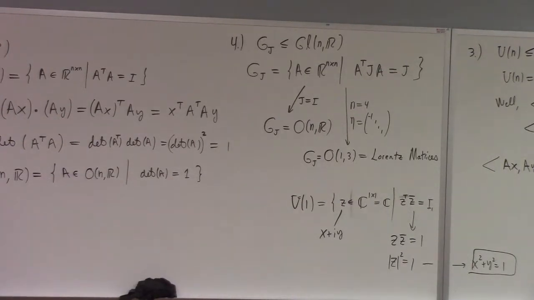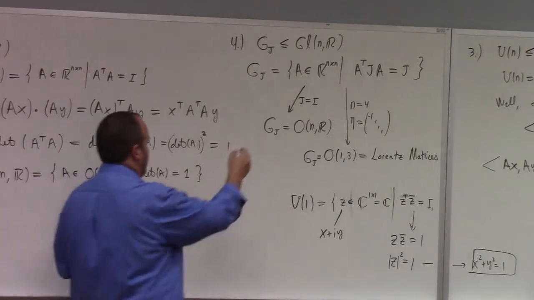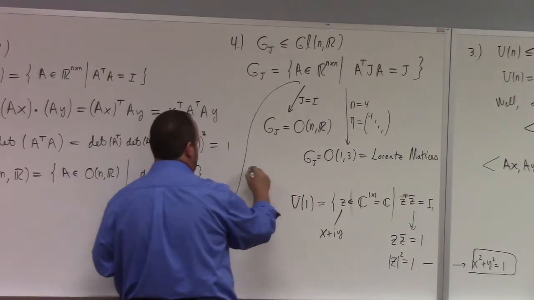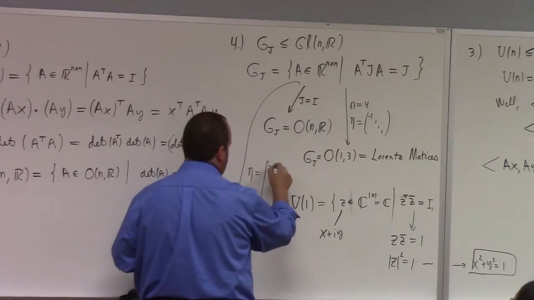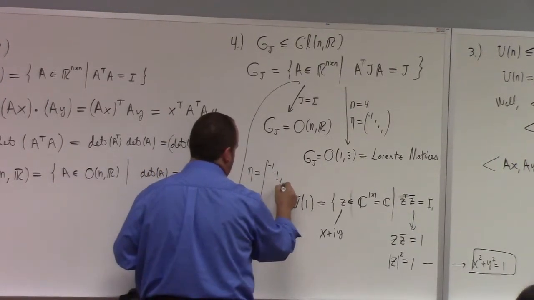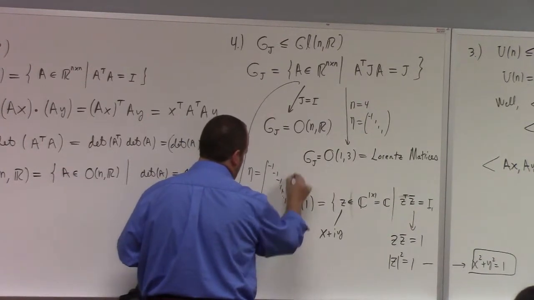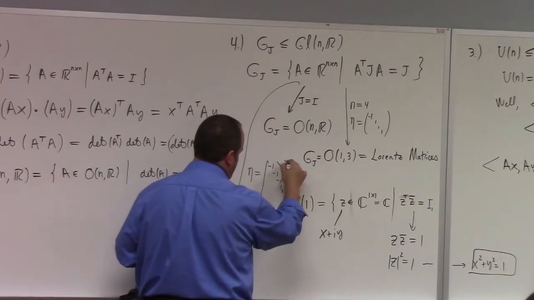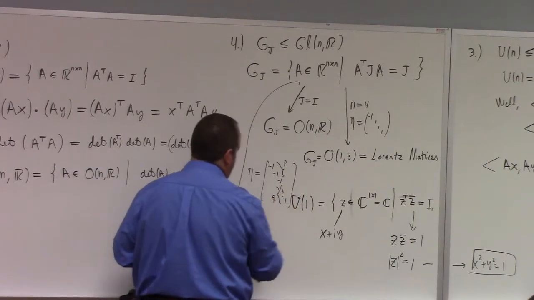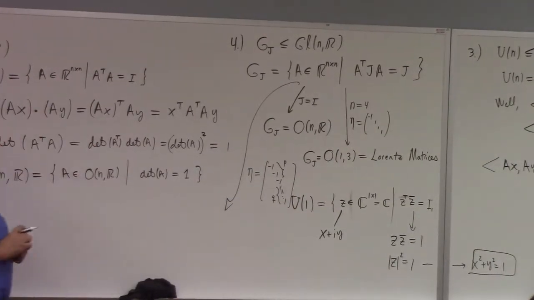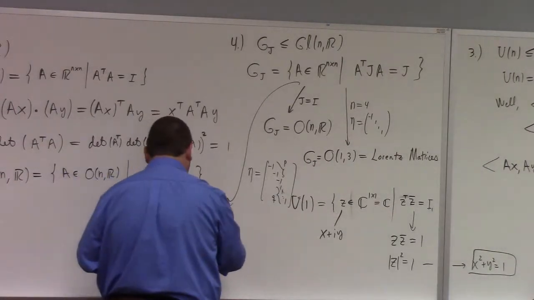Now, you could also play a different game here with this example. You could do something like eta equals minus 1, and so on, minus 1, and then ones. Suppose you've got p of these and you've got q. So suppose you've got p minus 1s, you've got q 1s. It's otherwise 0. This would define G_J.